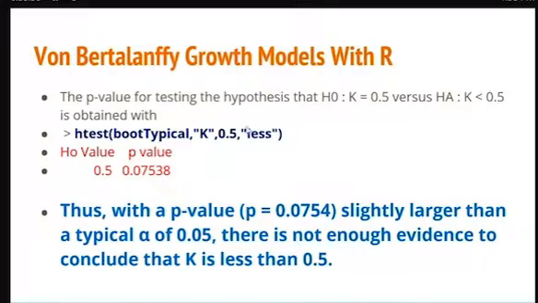So I'm going to use the bootstrap test, and the p-value that I got for the test is 0.07538. The p-value is greater than the 0.05 level of significance, and because of that, you're going to fail to reject the null hypothesis.